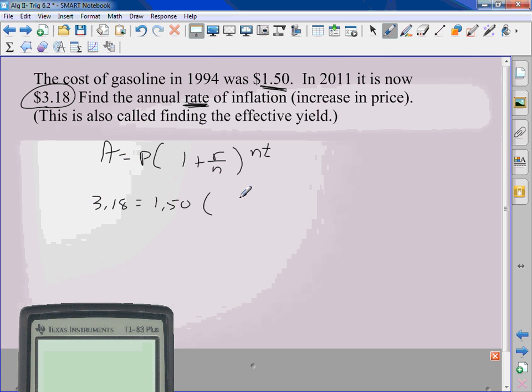No, this is different from the other two problems. 1 plus, all right, we're talking about yearly, right? So N doesn't play any part in here. Plus R, how many years? 17 years. Yep.